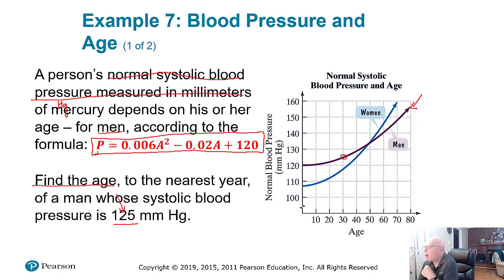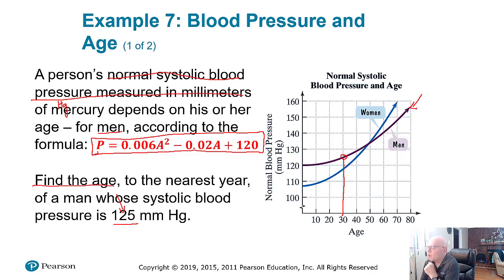Remember, systolic is the high reading. Diastolic, or something like that, is the low reading. Now, all you have to do is go down like this, and this person is somewhere around 30. However, let's get the exact amount.